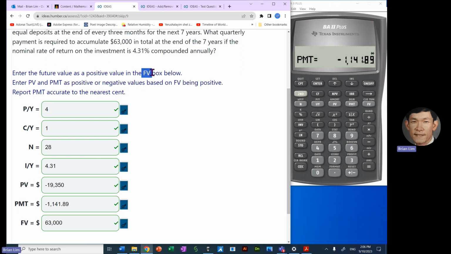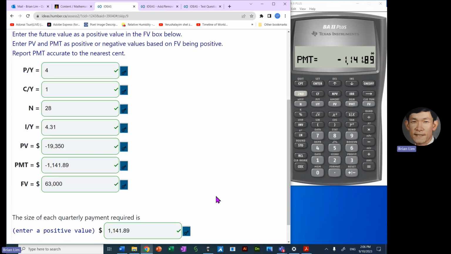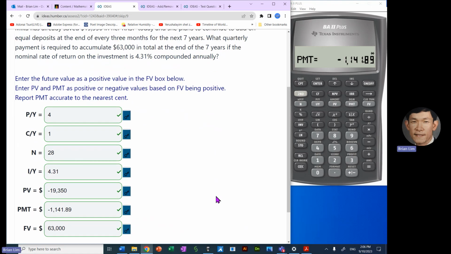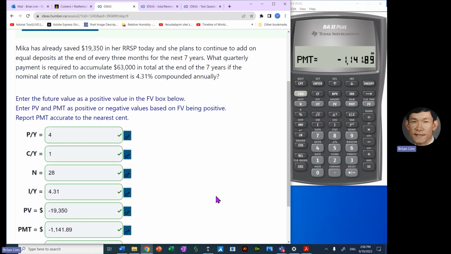The fact that the future value is positive makes the present value negative, and when the calculation is done, the payment turns out to be negative. And we are correct. That brings us to the end of another question in the series on annuities.